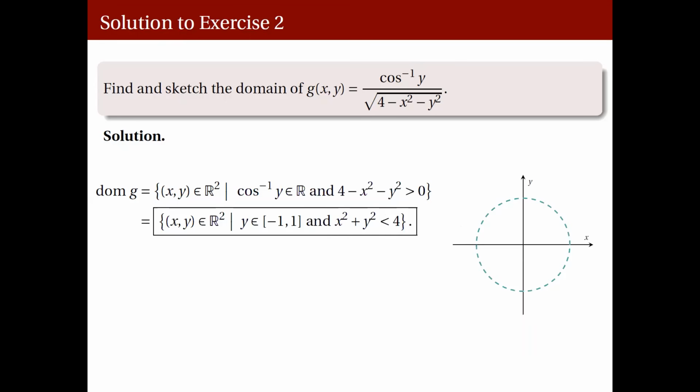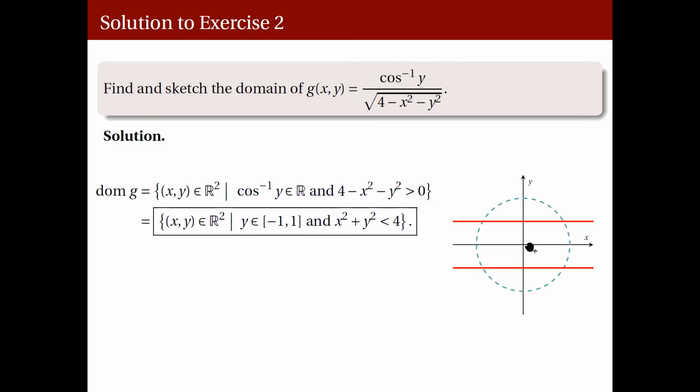Now, let's put the restriction that y is between -1 and 1, which is represented by these two horizontal lines. So we have y between -1 and 1, and this inequality suggests that we take the interior of the circle. You could test that the point (0, 0) is in the interior and it satisfies this inequality.